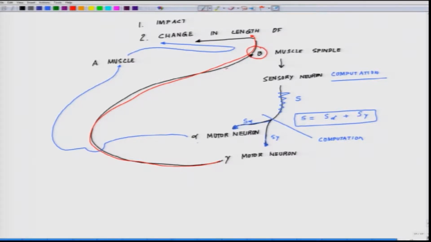This is the third level of computation. There is a fourth level of computation which is happening out here. How much length has to be brought back to its ground state.